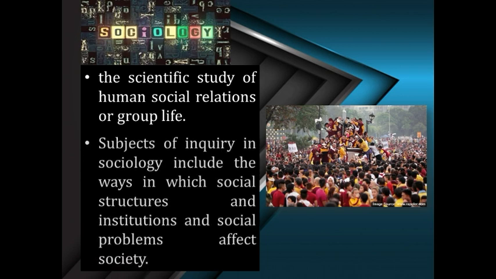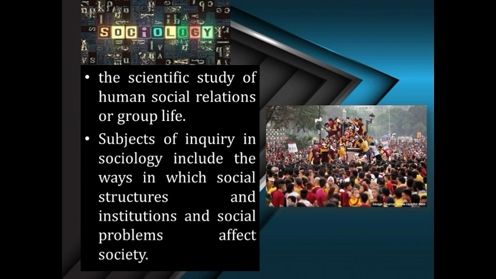Subjects of inquiry in sociology include the ways in which social structure and institutions, such as class, family, community, and power, and social problems such as crime and abuse, affect society.